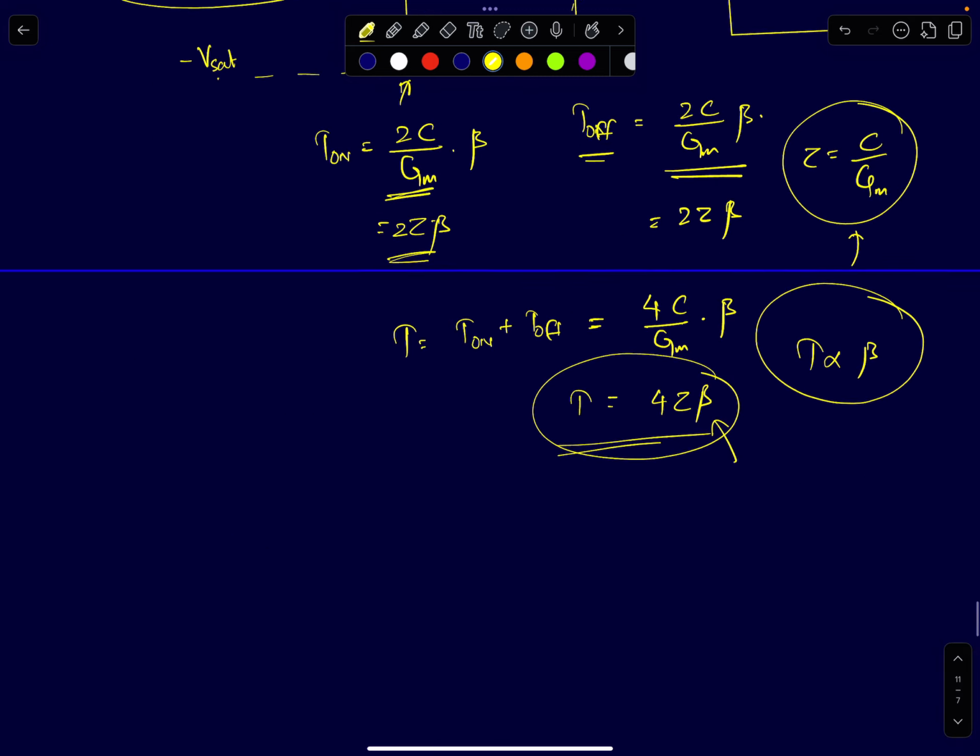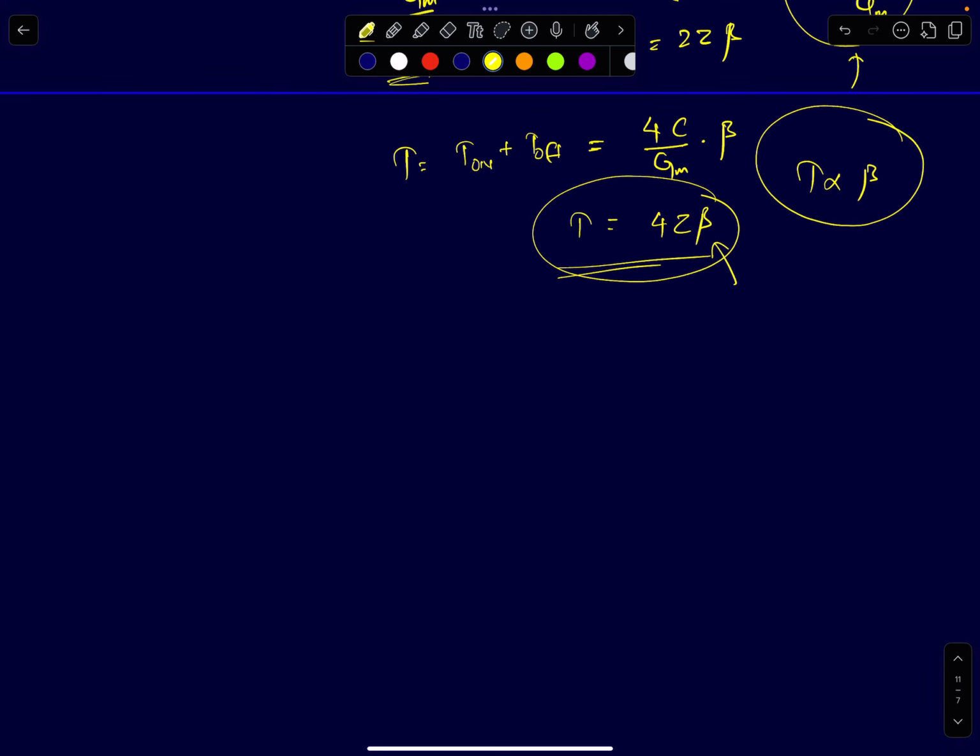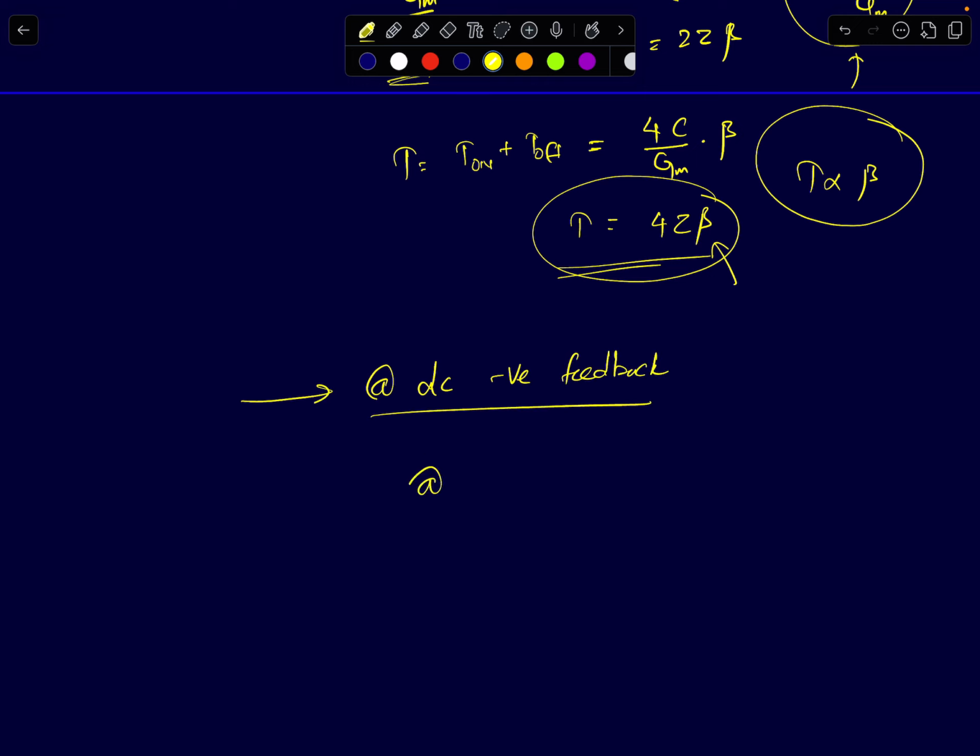So finally, to conclude, anytime you are analyzing oscillator circuits, especially feedback based oscillator circuits, at DC they will have negative feedback. Okay, this is something to keep in mind. If they have positive feedback at DC, then the circuit will latch. Okay, it'll latch onto one of the two conditions.